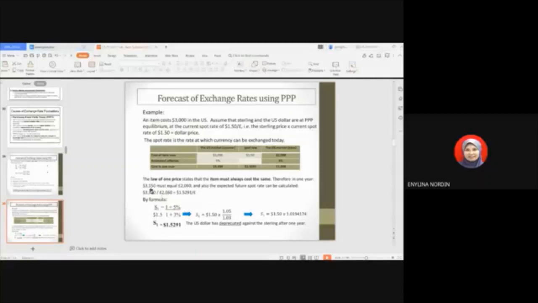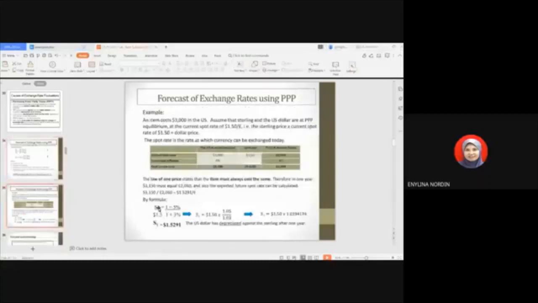If the US is the base currency, that means you will do it the other way around, and the currency will be different. If we apply the PPP formula, you take the figure S1, which is what we want to find out, and divide by S0, 1.5, the current spot rate, $4 per pound.